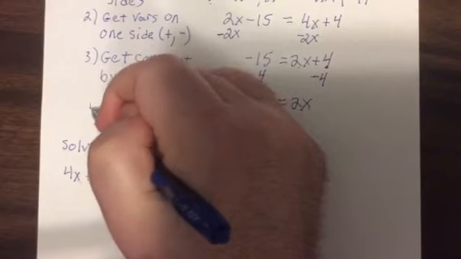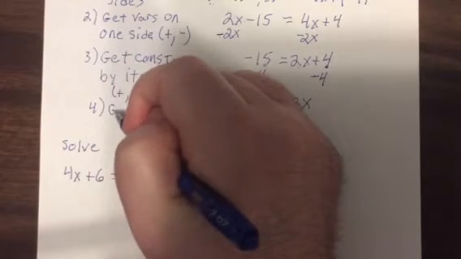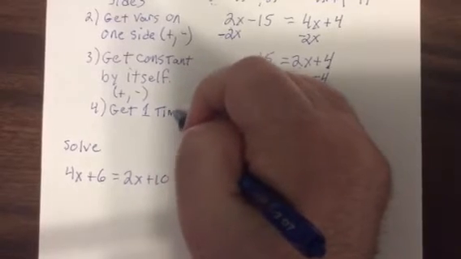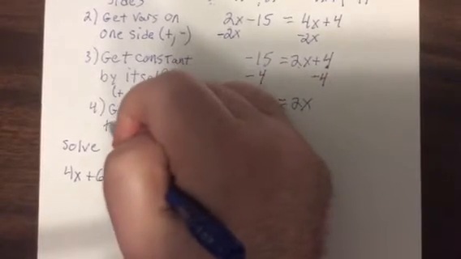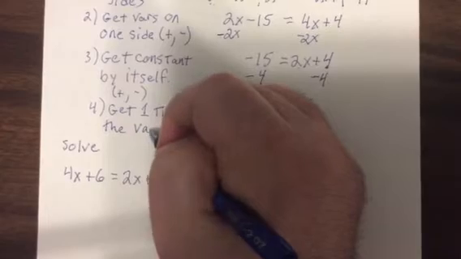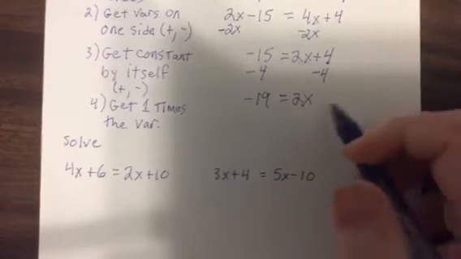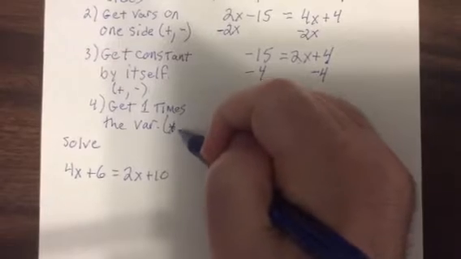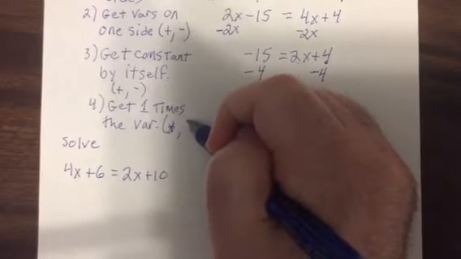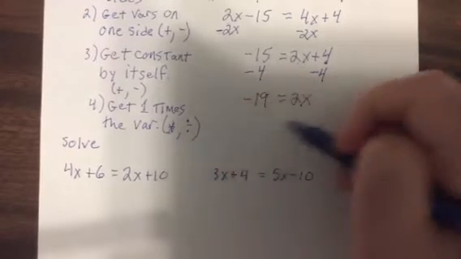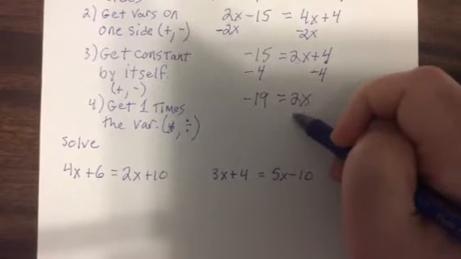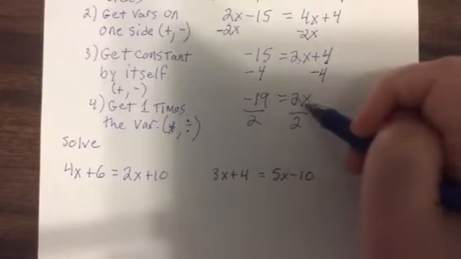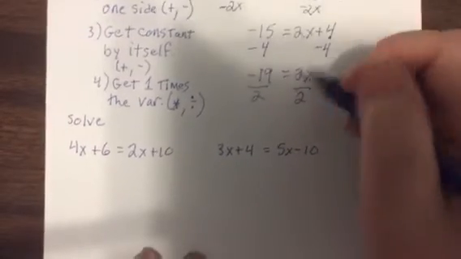Now you want to get a 1 times the variable. Get 1 times the variable. So that's going to always involve multiplying. In computer language, asterisk is multiplication or division. So I have 2x. I want to do the reverse or the other operation to turn it into 1. 2 divided by 2 is 1.